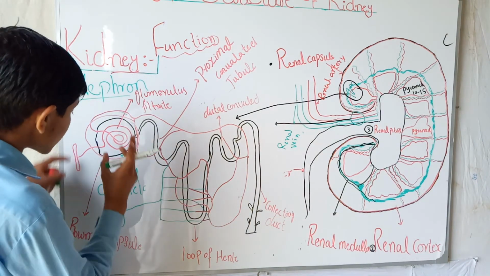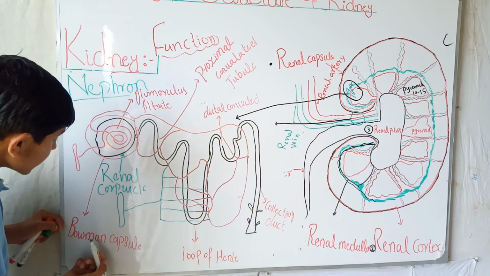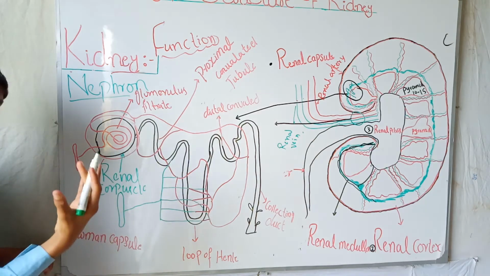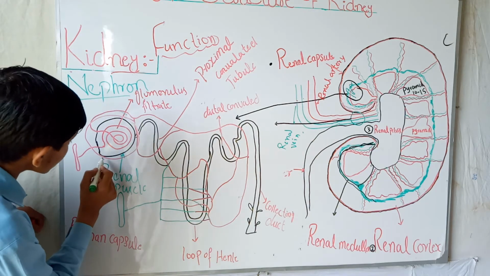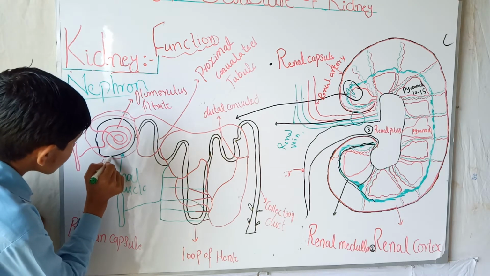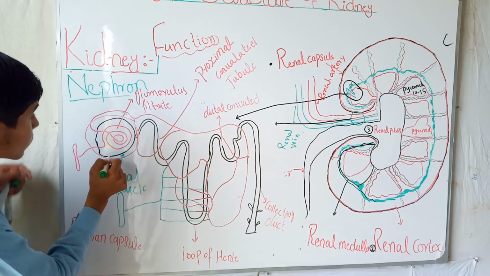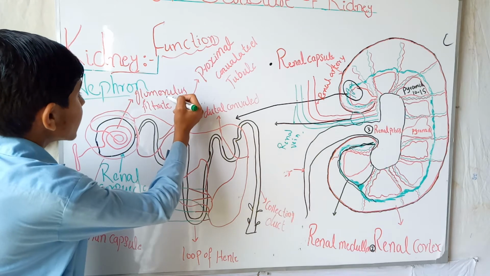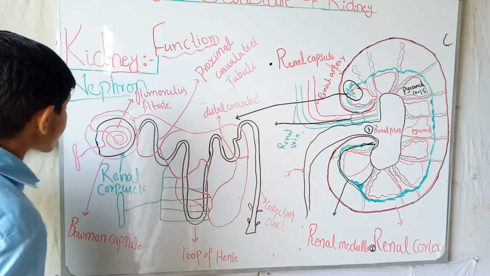It consists of two parts. One is the outer cuff-like structure called the Bowman capsule, while the inner part is called the glomerulus.